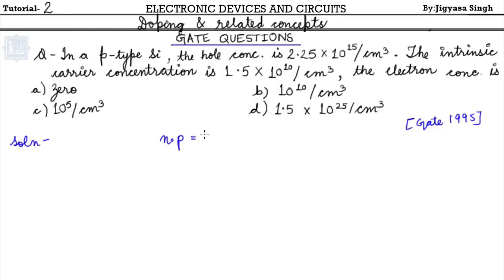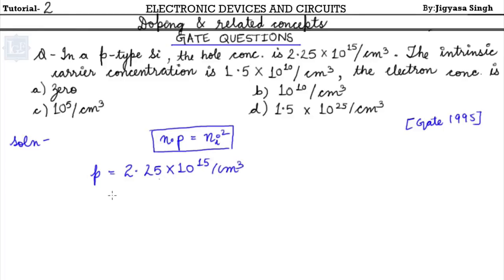N into P is Ni square. This was the formula. Right, so the P is given. P for the silicon semiconductor is given as 10 to the power 15. And the intrinsic carrier concentration is given as 1.5.